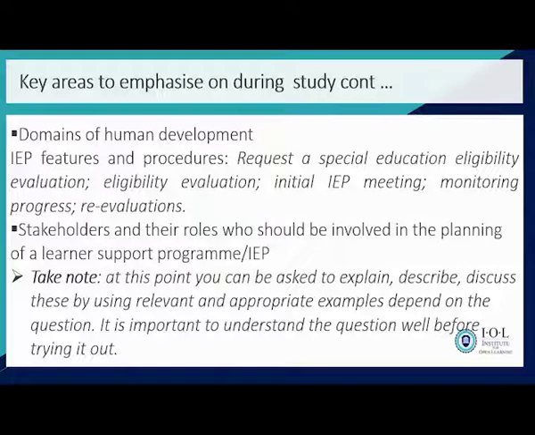They also need to see what is being done for a child, because the whole idea is to assist the child. At this point, you can be asked to explain, describe, discuss this by using relevant and appropriate examples, depending on the question, and it's important to understand the question well. Again, for you to develop the IEP, you must do it in the correct order, not just anything you think of that can work.